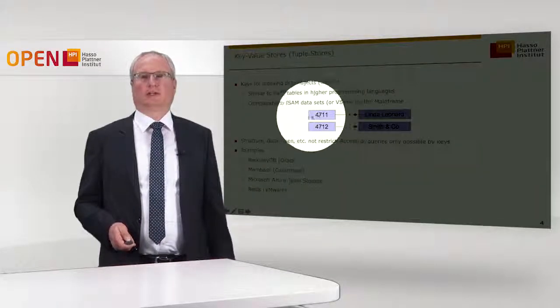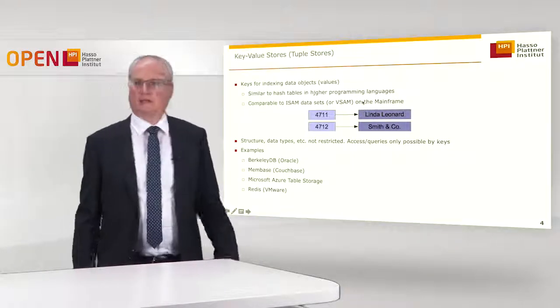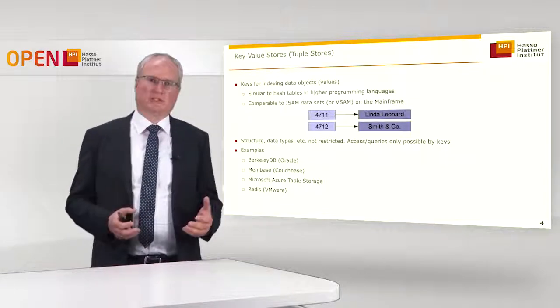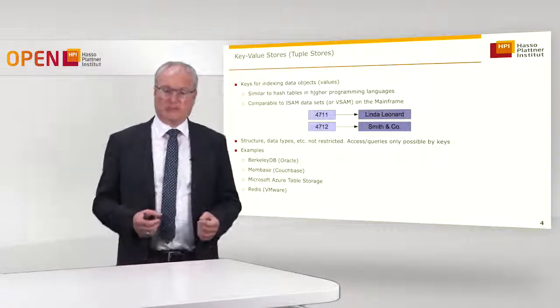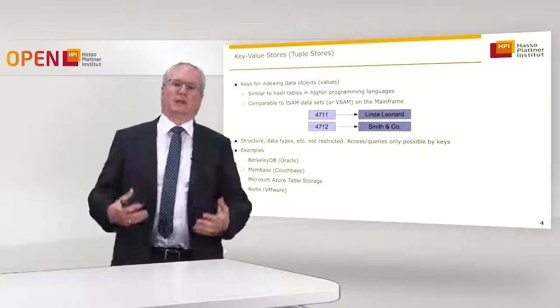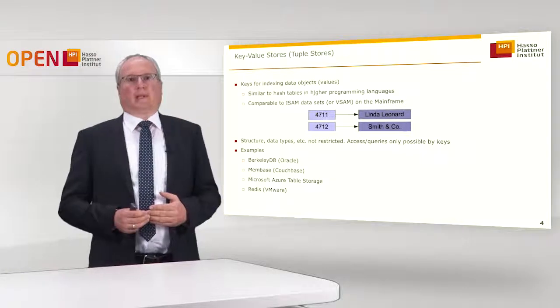It can be searched via the key, but it cannot be searched by the content in the object. This is on one hand very simple, on the other hand rather powerful, because in many applications you typically access the data by the key. Just think of business applications where you, for example, work with customer data, always going in with the customer number or with a building number or things like that.